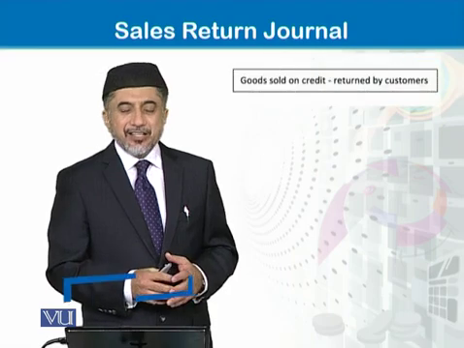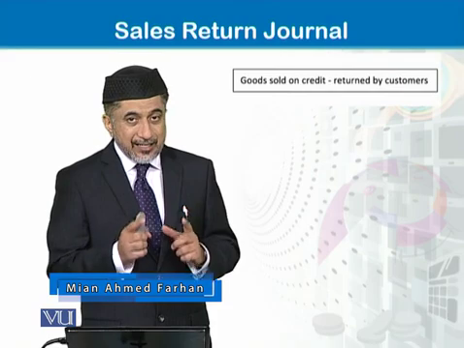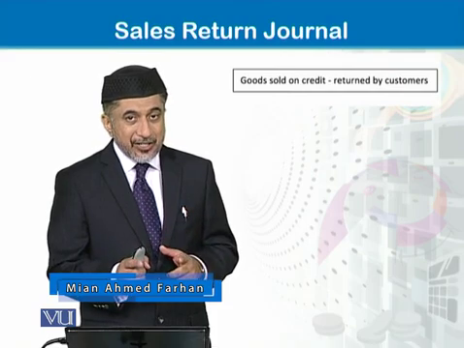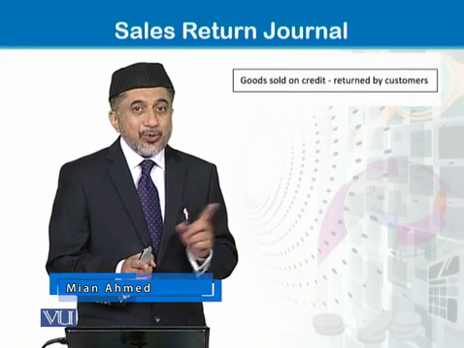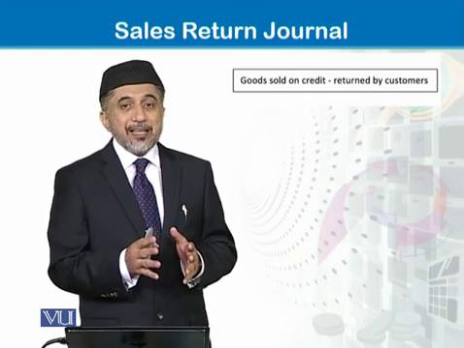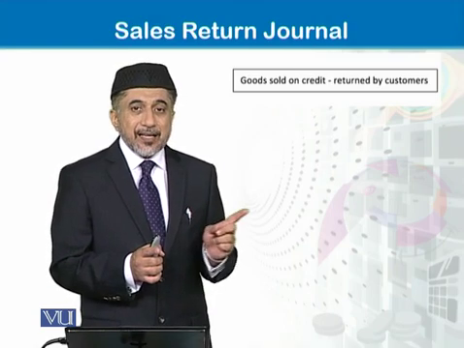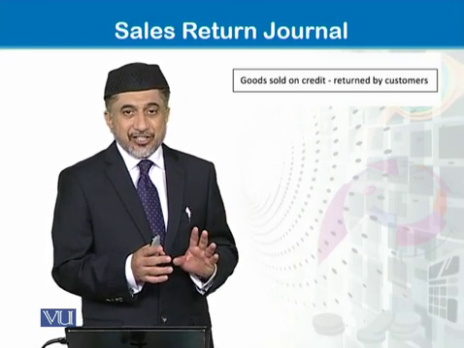So the sales return journal is for the sales returns of goods which were sold on credit to the customers. Remember, these are not the sales returns which were against cash sales transactions.